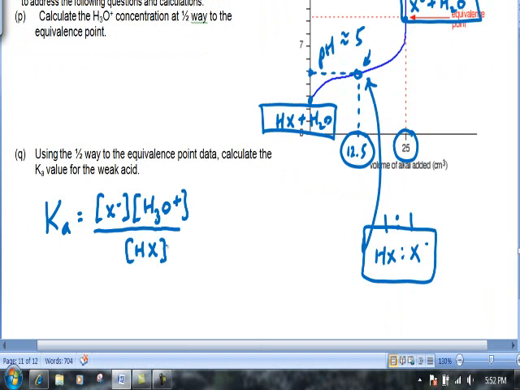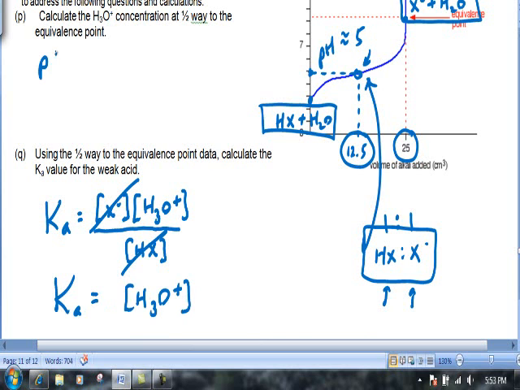What happens at this very unique point then is because the HX and X minus are in the 1:1 ratio and equal to each other at the halfway to the equivalence point, the X minus and HX will cancel out. So at this unique point in the titration, the Ka value is equal to the H3O plus concentration.